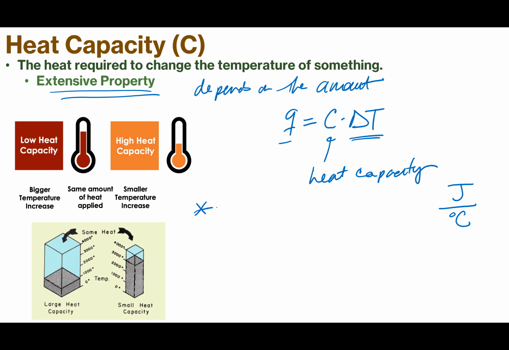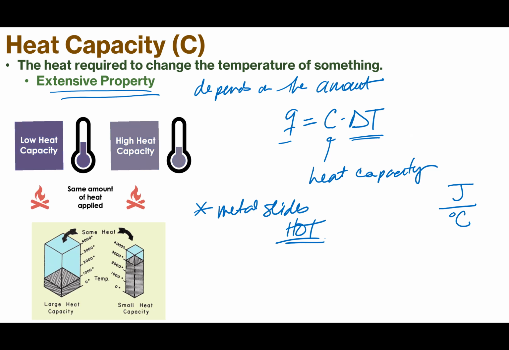One of the things I remember as a kid is we had metal slides at the park. Metal slides in the summer get hot, right? Because aluminum, which is what most of those are, has a low heat capacity. And then when I was in high school and college, I started replacing things with plastic slides.